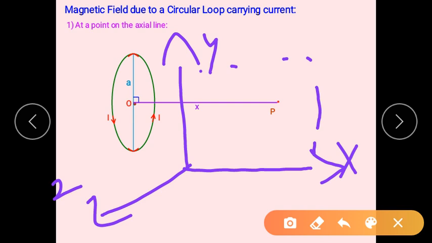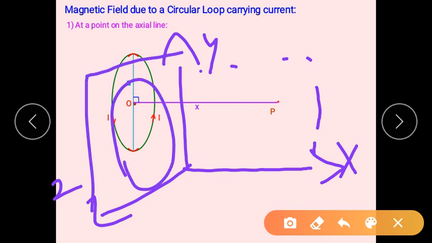So the coil is kept in yz plane like this. This point you should keep in mind, that is, the coil is kept in a perpendicular direction to the plane. It is kept in yz plane.